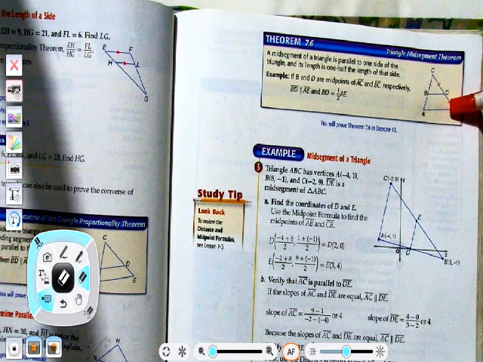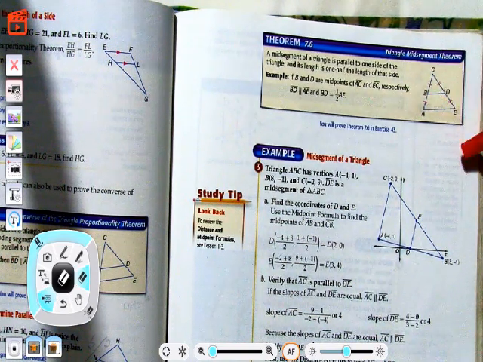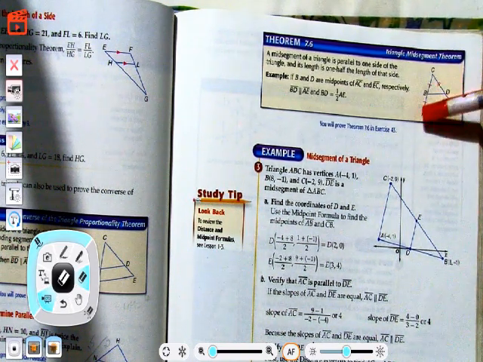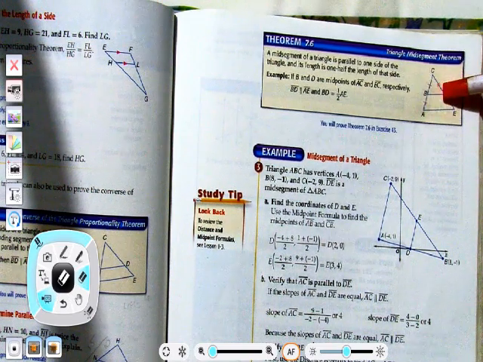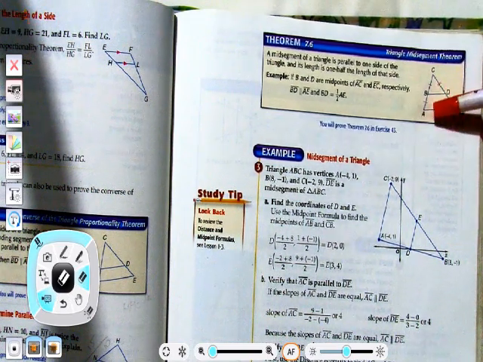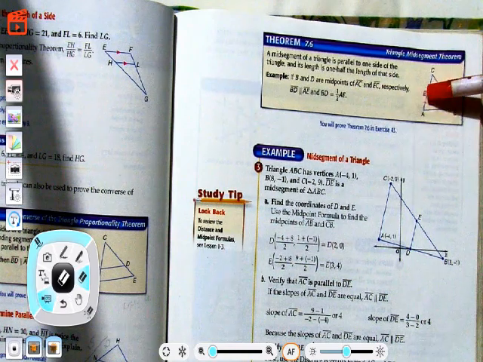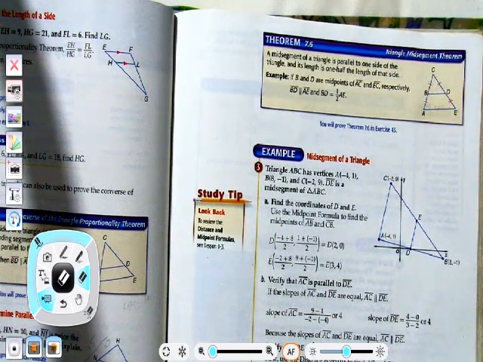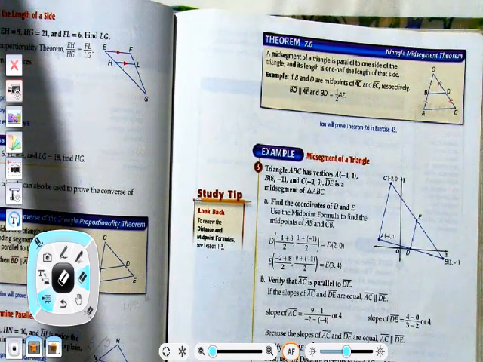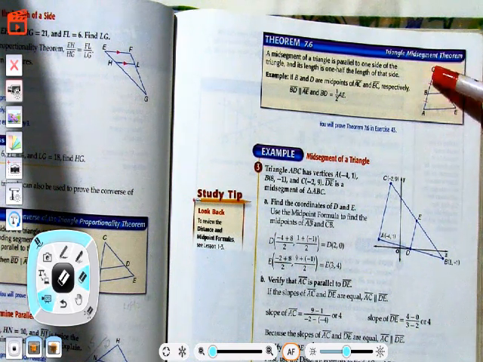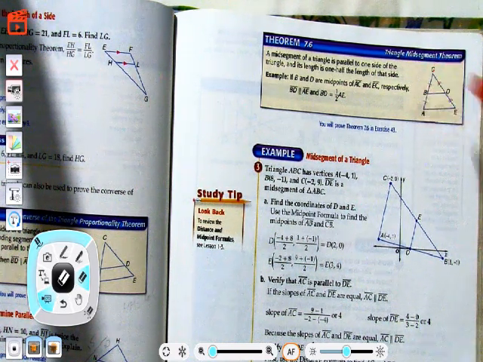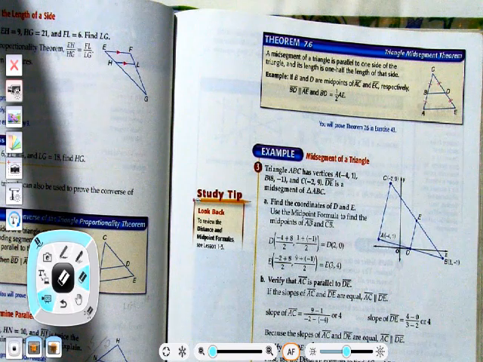The reverse: if this is 25, this is 50. If this is 20, this is 40. If this is 10, this is 20. And this is 5, this is 10. Like that.